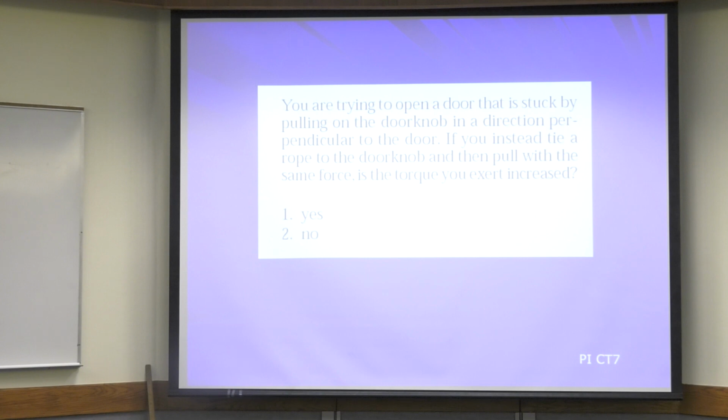All right, here's a good question. You're trying to open a door that is stuck by pulling on the doorknob in a direction perpendicular to the door. That's sort of normal, right? If you instead tie a rope to the doorknob and then pull with the same force, is the torque you exerted increased?